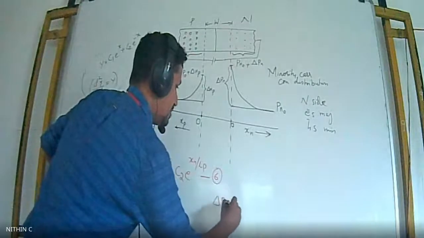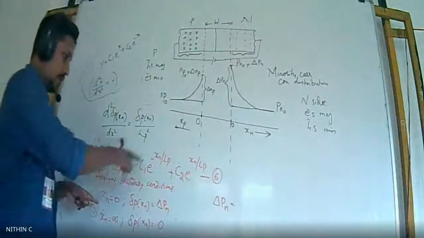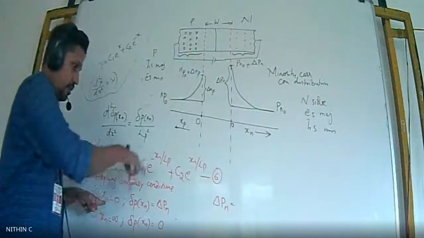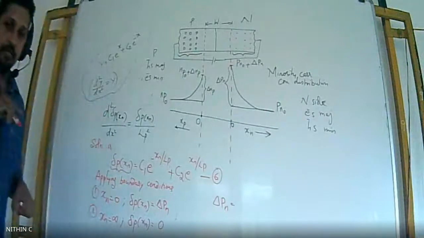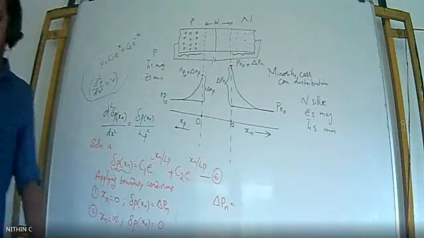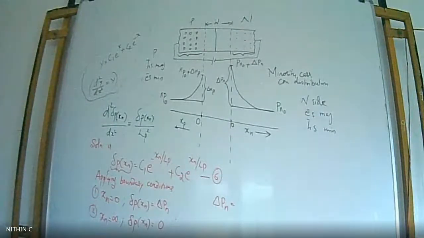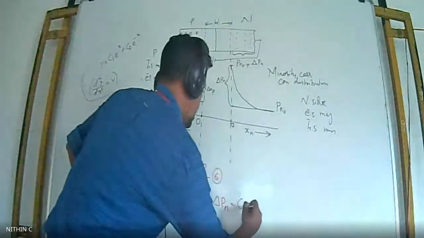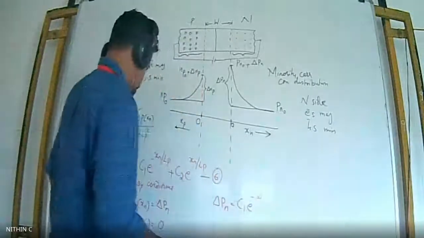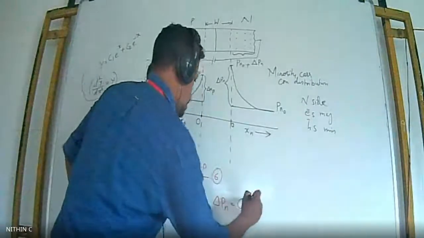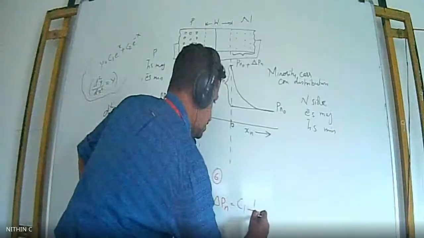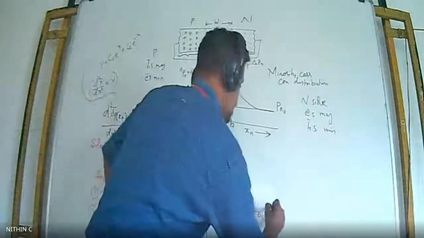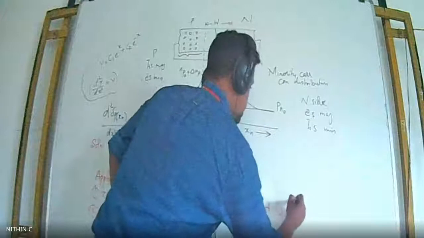So this can be written as delta pn is equal to c1 e raised to xn, where xn is 0, so c1 into 1 by e raised to 0 plus c2 e raised to 0.